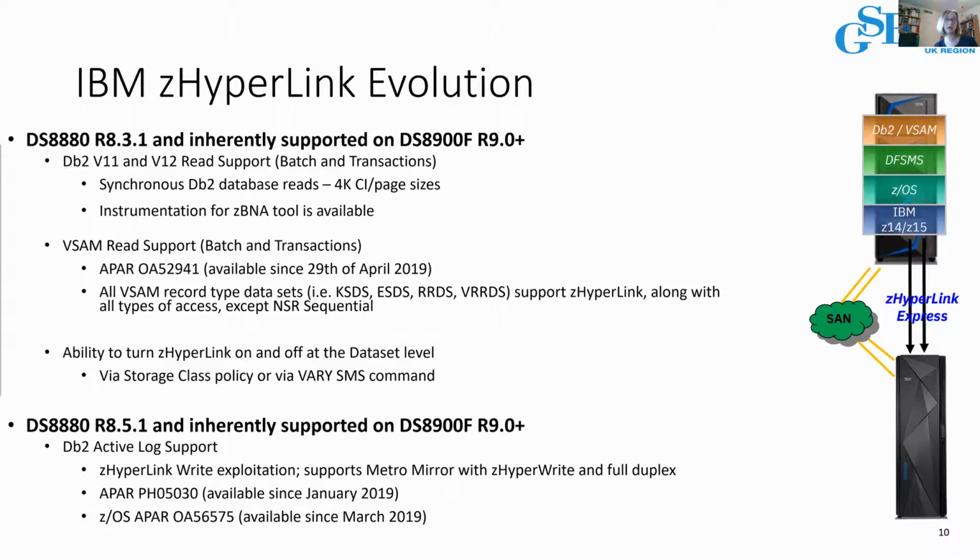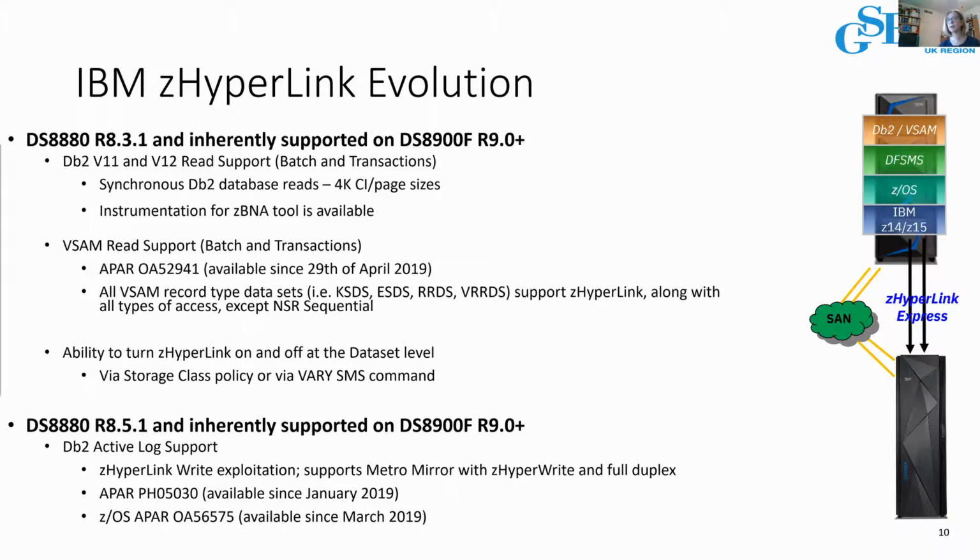The majority of the record type data sets are supported, with the one caveat about NSR sequential. And then one of the other neat features that I think is really helpful, especially hand in hand with the zBNA tool, is the granularity that you can use to tailor where you want to turn on zHyperlink with storage class policy, or if you want to just run a quick test, you can do the VARY SMS command to turn it on.